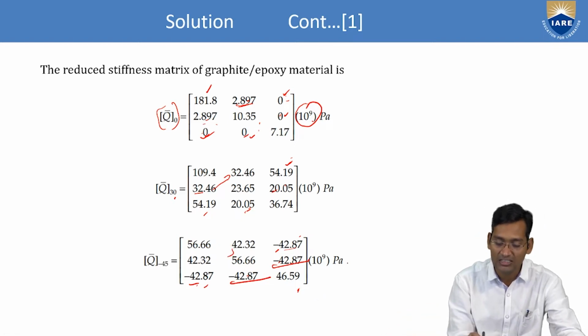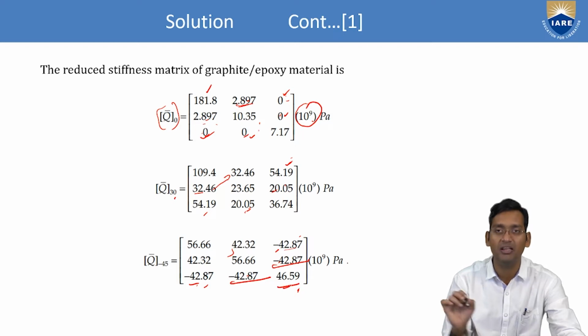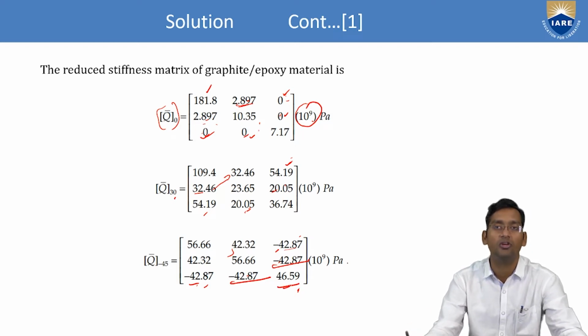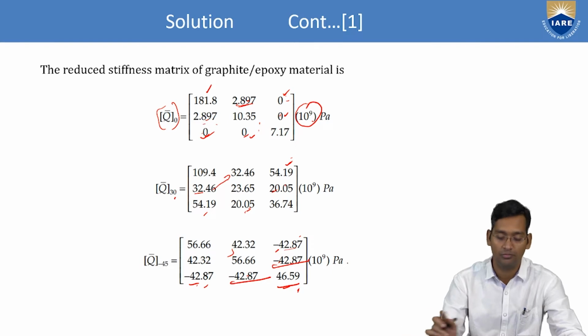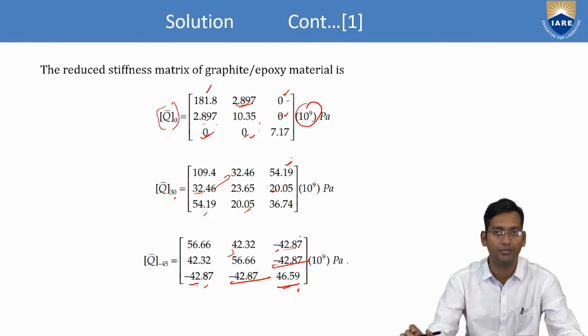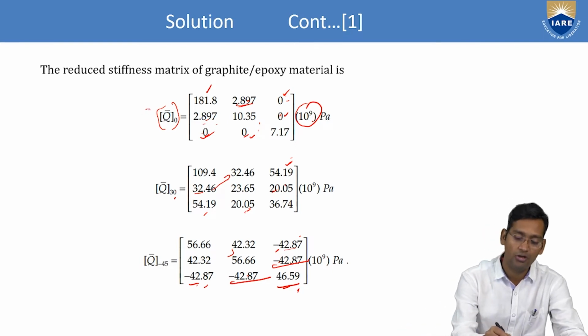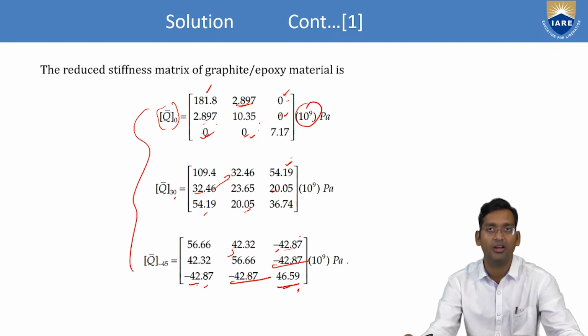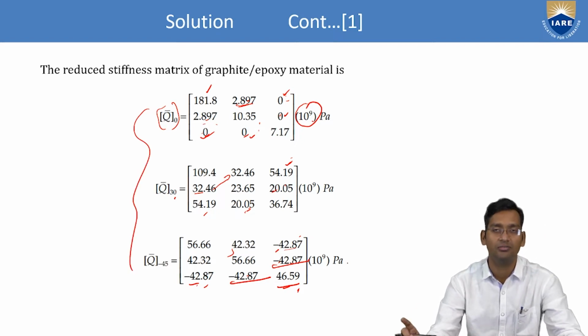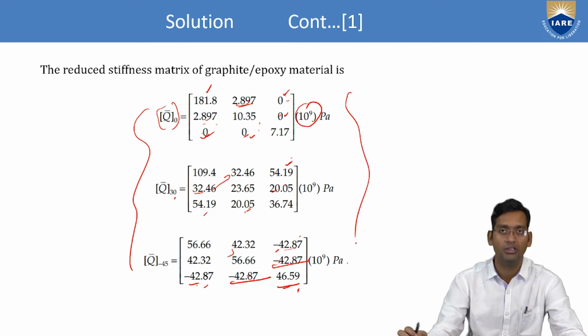Now in this case, only this is independent. This diagonal element does not have any same in this matrix. Okay, so this is the reduced matrix of graphite epoxy at three laminates, so Q0, Q30 and Q45. That we will see next.